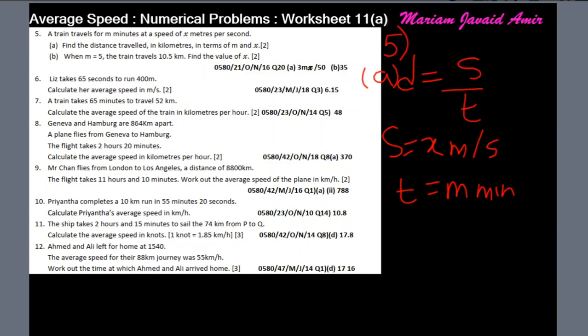So we have a problem right here that this is per second and this is in minutes. So first we change m minutes to seconds. So we get 60m seconds, right? So distance will be speed is x and time is 60m.